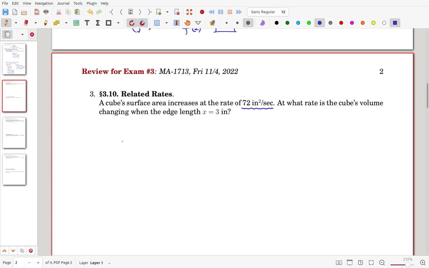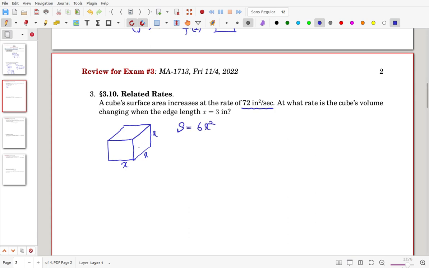Okay, now we are considering a cube of length 3. That is x, and the height is also x. Then the surface area S is 6x squared.